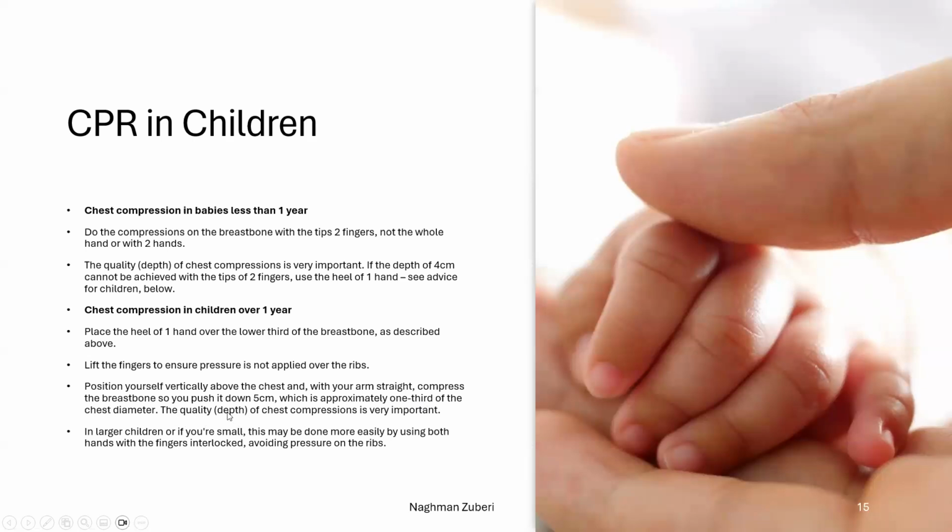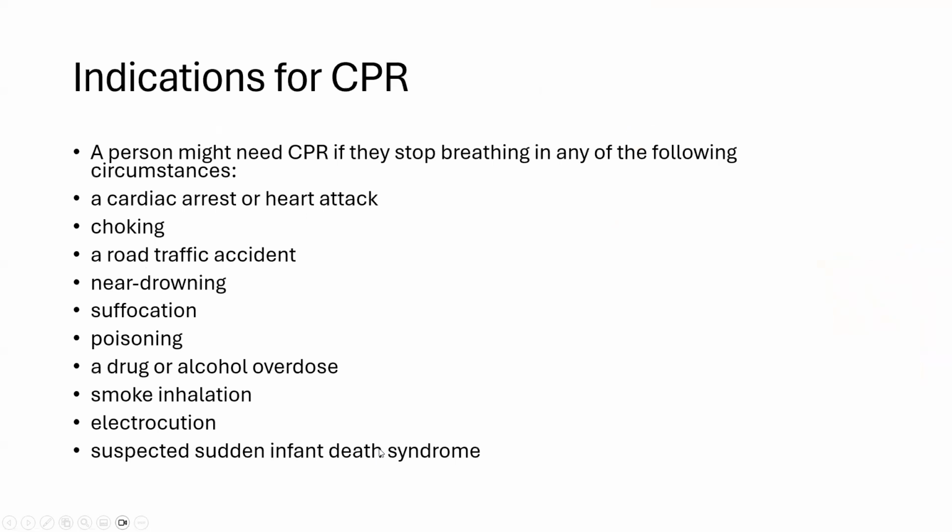The quality, that is the depth, of the chest compressions is very important. In large children, or if you are small, this may be done more easily by using both hands with the fingers interlocked, avoiding pressure on the ribs.